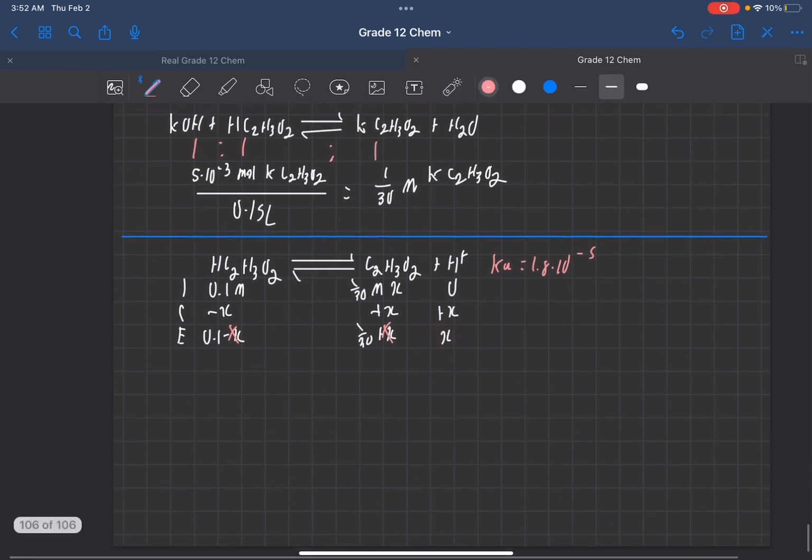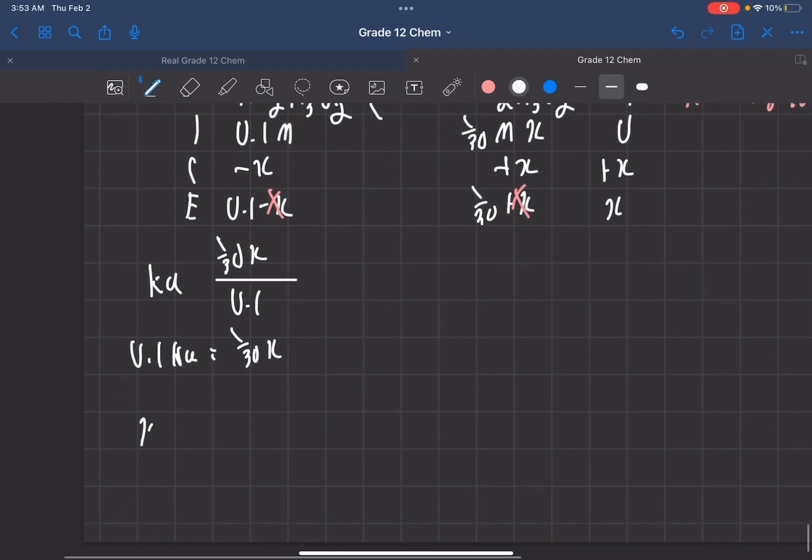Okay, so Ka, that's equal to 1/30x over 0.1. So 0.1 Ka is equal to 1/30 times x. So x is equal to 0.1 Ka times 30.